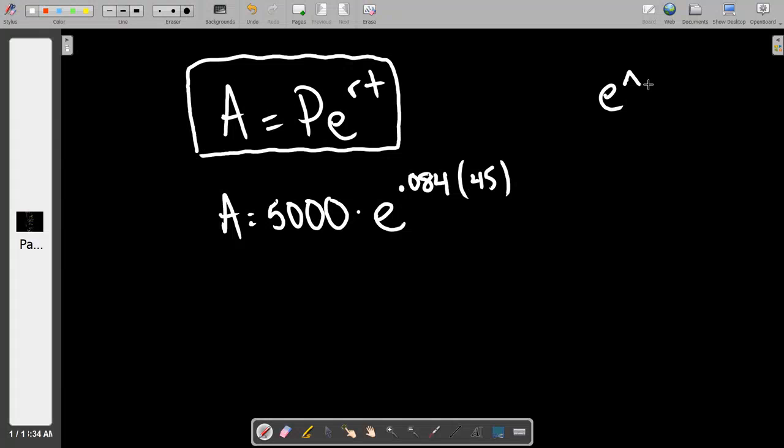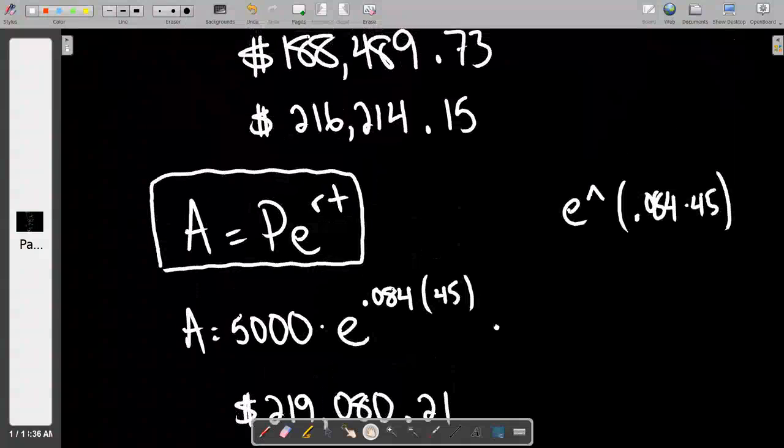The answer, I can tell you based on what I have here in front of me, is $219,080.21. So I'm going to pause this real quick. As you can see, it's not that much different than the monthly, right?